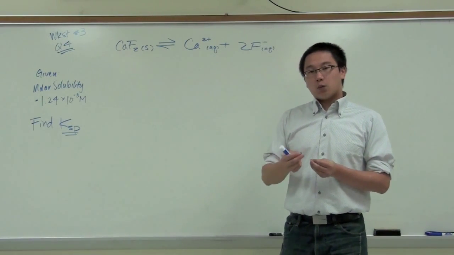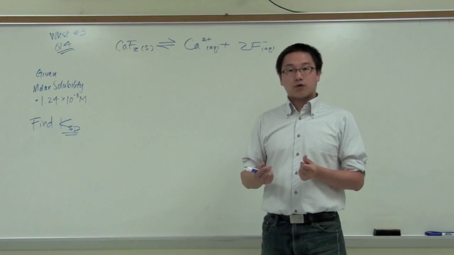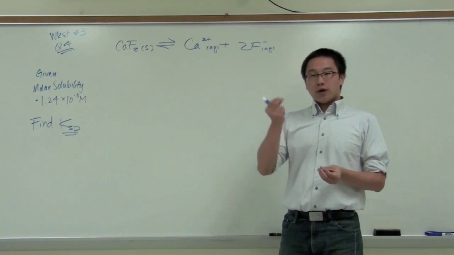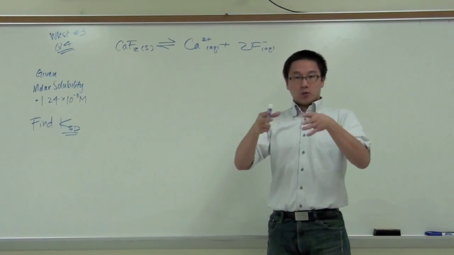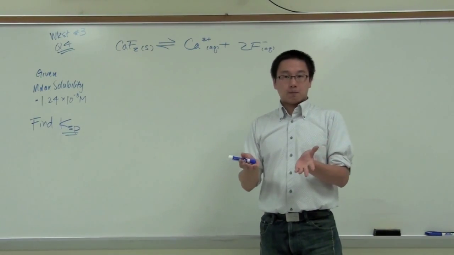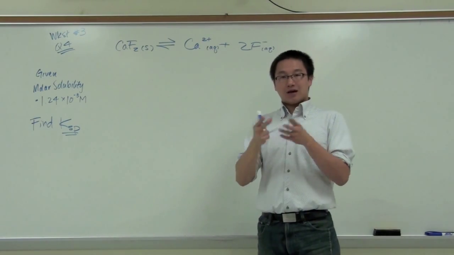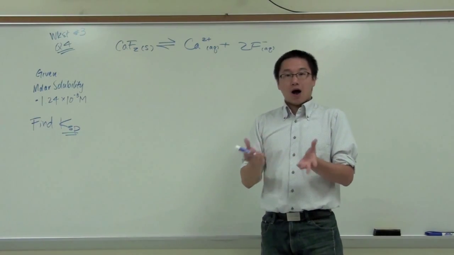So the first thing that I would like to go over is the meaning of the molar solubility. We have a solid, and let's say we have a beaker of water. Before we put the solid into the water, there's nothing in the water. It's just water, no ions.